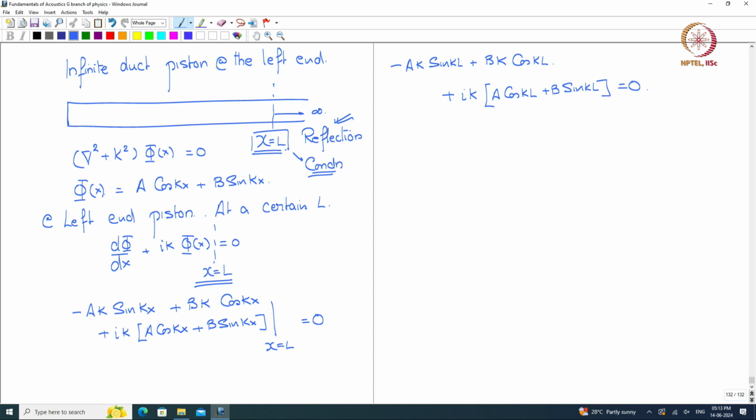Okay. Now this will be satisfied if b is equal to minus ia. Okay. If b is equal to minus ia, what happens?